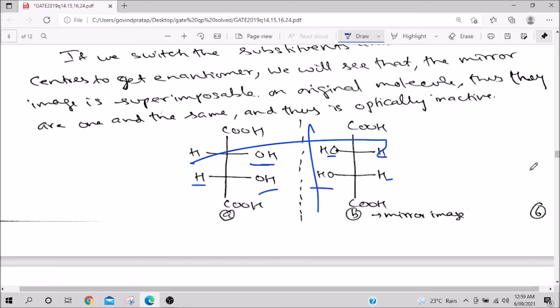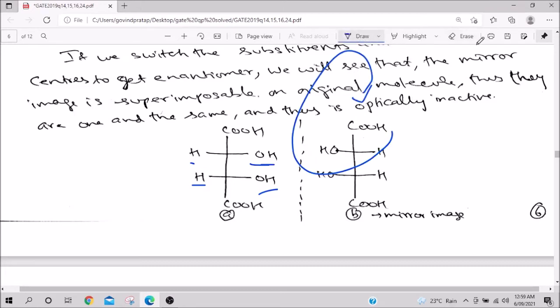So, this H is behind, OH is front. Now, what you do, you rotate this 180 degrees. Now, one thing is very important, please remember this: you cannot rotate a Fischer projection formula by lifting the whole molecule and rotating it behind the screen. Why? Because you have made 3 dimensions into 2 dimensions.